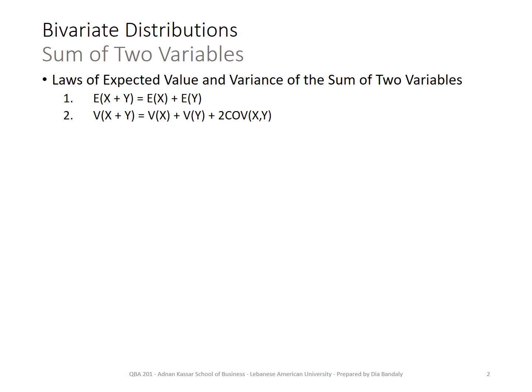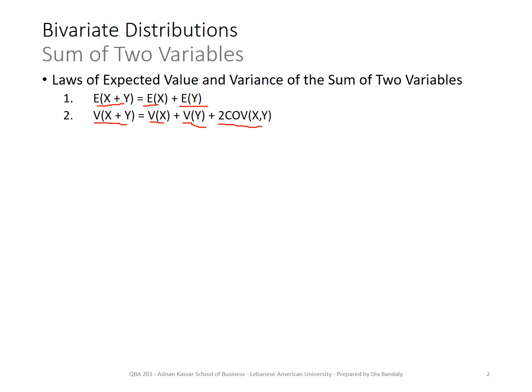Okay, now this law applies when we have two variables, x and y, and it says that E of x plus y is the sum of the means of x and y. And the variance of x plus y, the new variable x plus y, is the sum of the variances, plus you have to add 2 times the covariance of x and y.